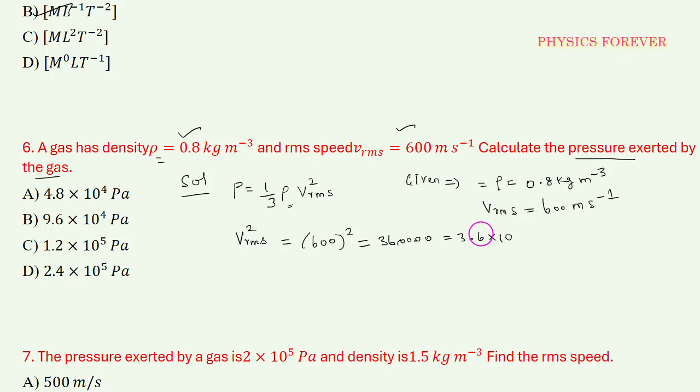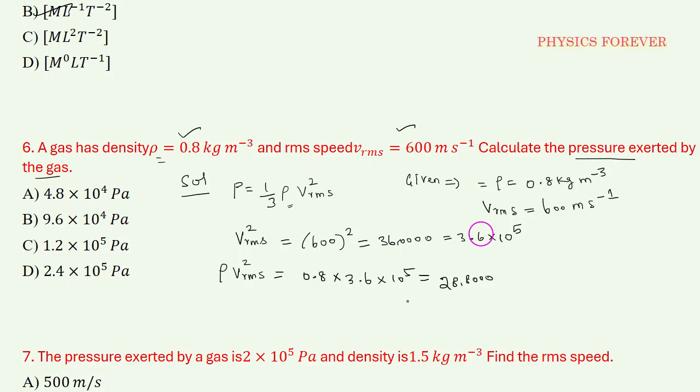Next we multiply the density rho by V RMS squared. The density is 0.8 and the value we found is 3.6 into 10 power 5. Multiplying this, we get 288000. You have to do it yourself.